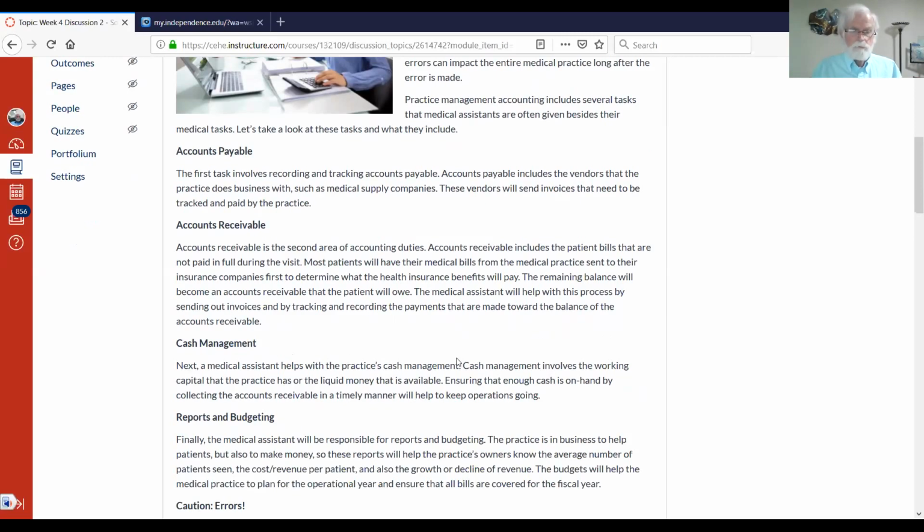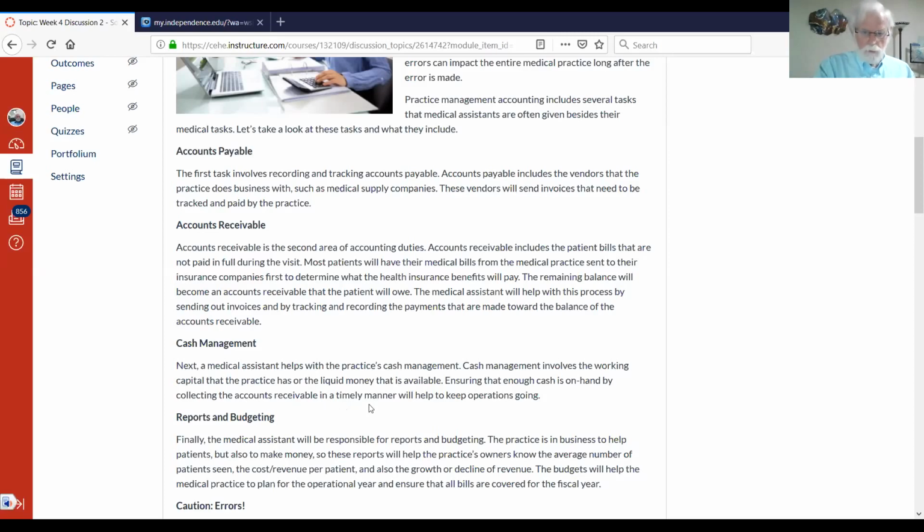We call it liquid money, meaning money that is available to be spent instead of tied up in things like CDs or investments or whatever. So we want to be sure that we have sufficient cash to pay our bills, and in many businesses, the largest bill you have is going to be employees. That's the largest single category of expense.